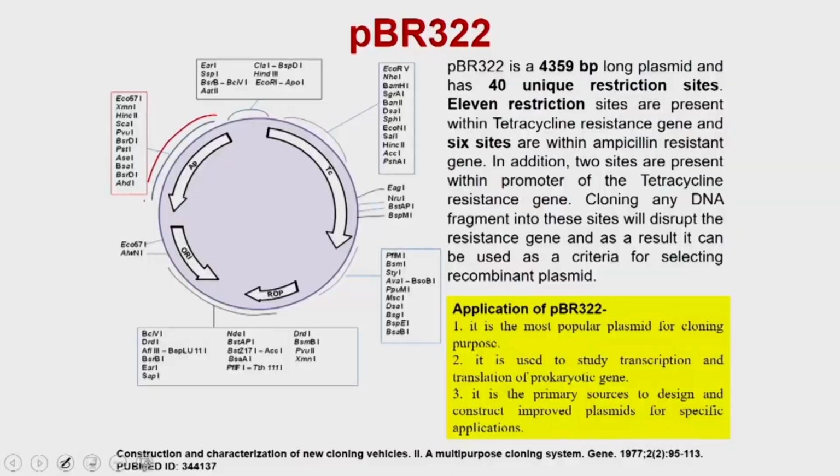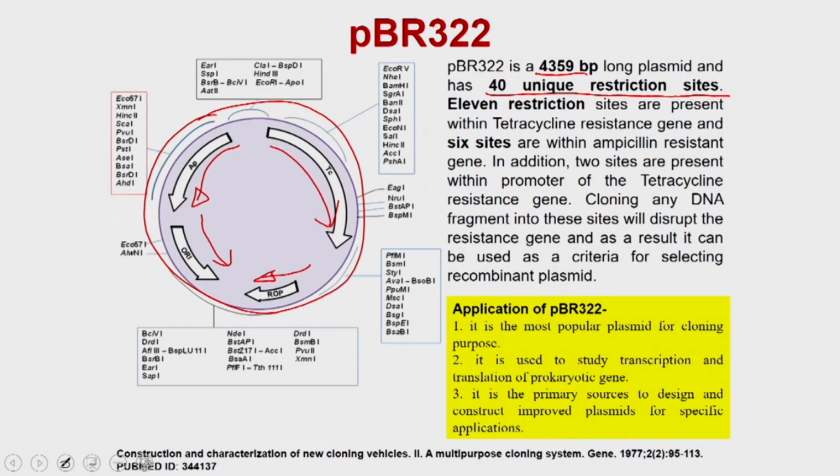So this is the vector map of pBR322. What you will see is the ampicillin resistance gene, the tetracycline resistance gene, the origin of replication, and the recombinant gene. pBR322 is a 4359 base pair long plasmid, and it has 40 unique restriction sites.